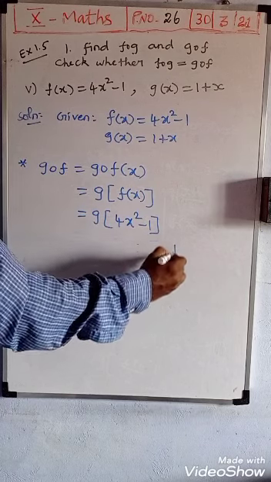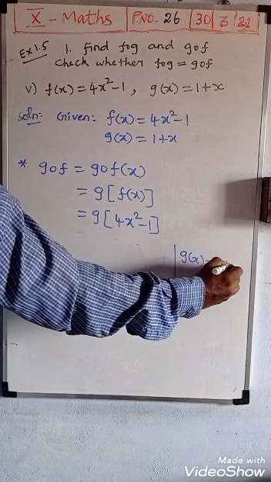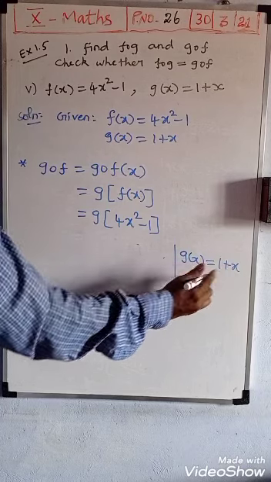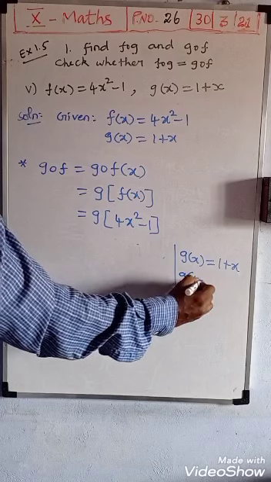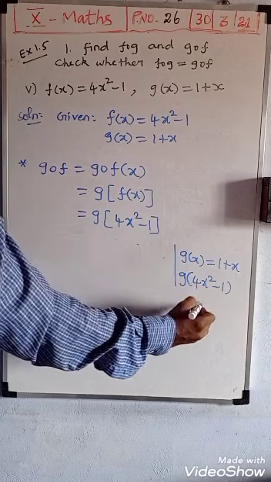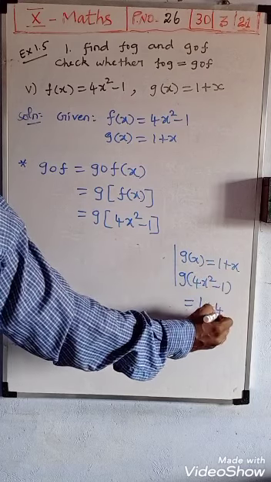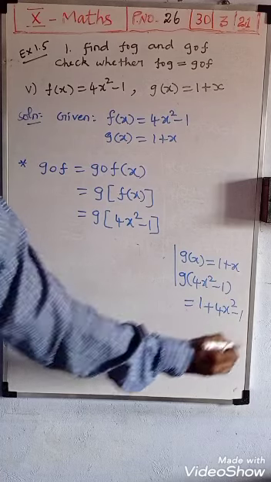Now we already know G of x is 1 plus x. We want G of 4x squared minus 1, then 1 plus, instead of x you should substitute 4x squared minus 1.